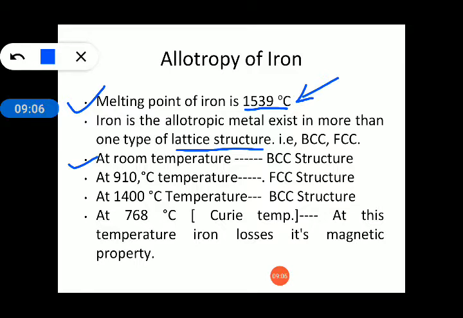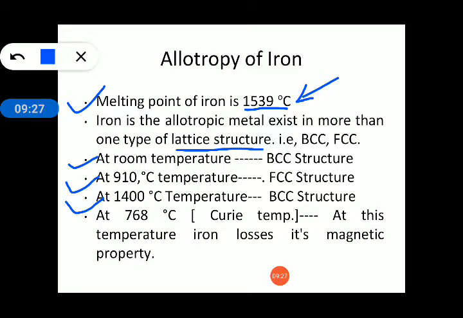At 910 degree centigrade it will convert into the FCC structure and lose its magnetic property also. At 1400 degree centigrade, it will convert from FCC structure to BCC structure.